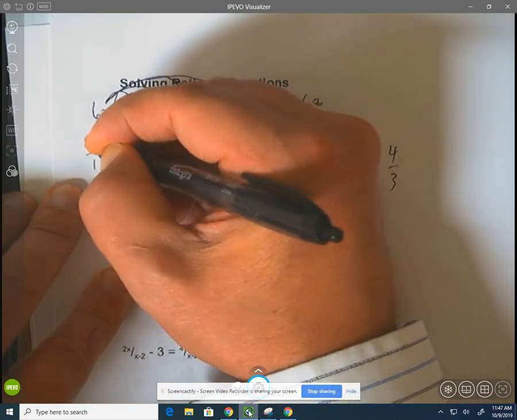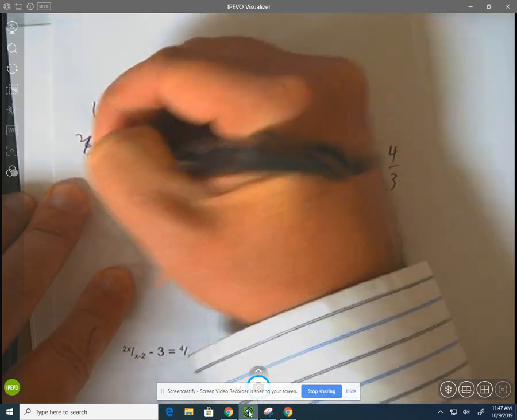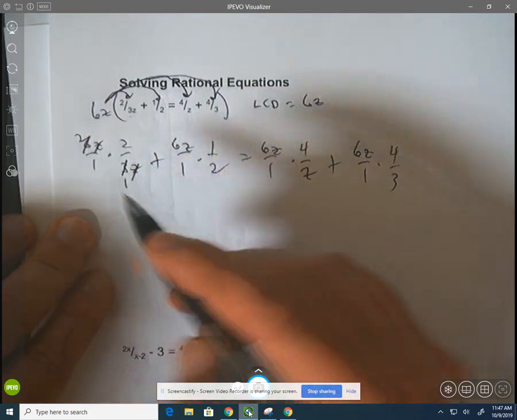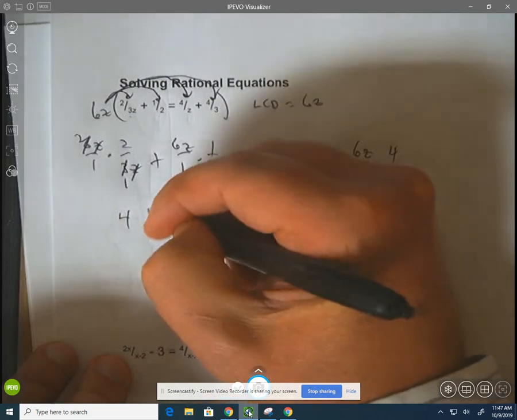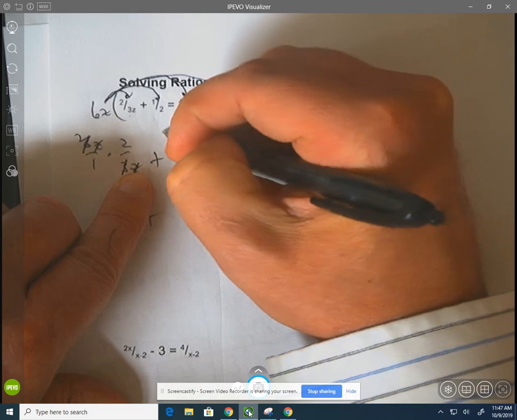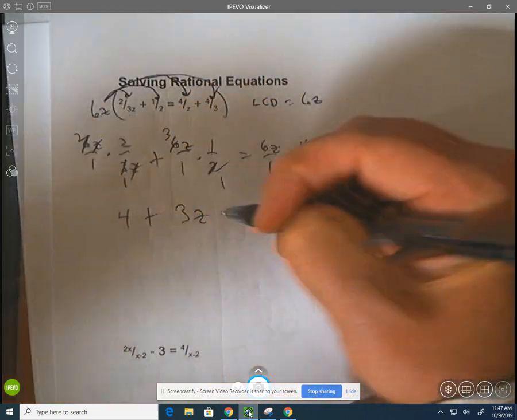So 6 and 3 are both divisible by 3, leaving 1 and 2. And I can cancel out those z's. So what I end up with is just 2 times 2. That's just 4. Plus, what can I cancel here? Well, 2 and 6 are both divisible by 2. So I get 3z times 1. That's just 3z.